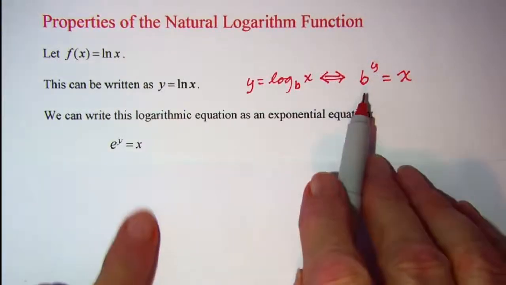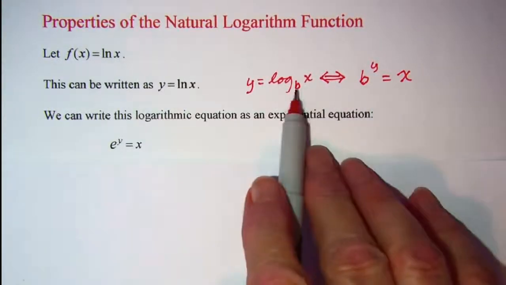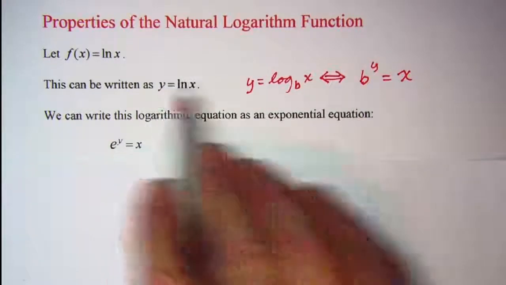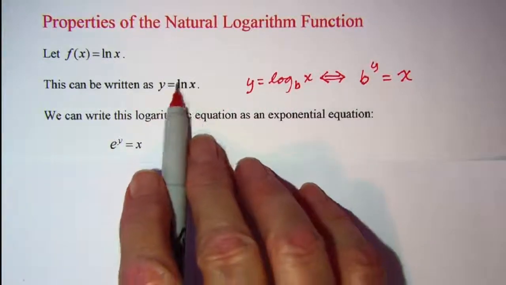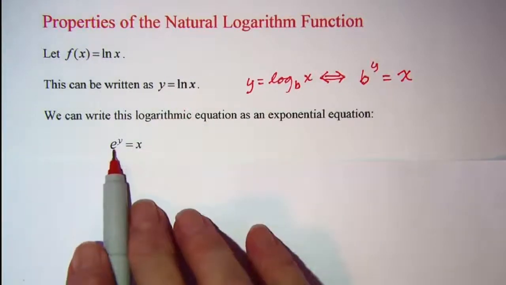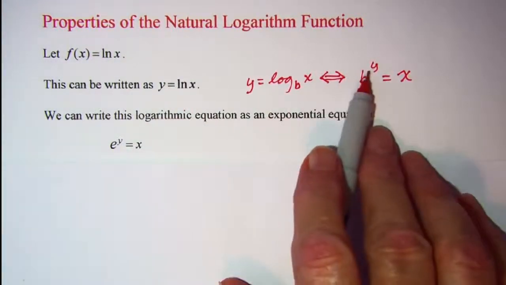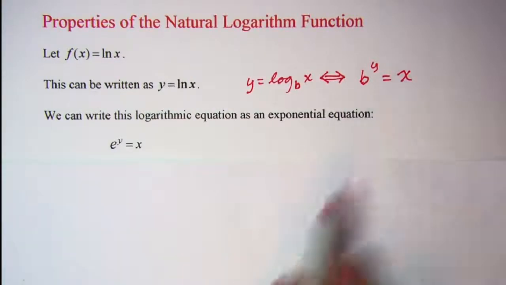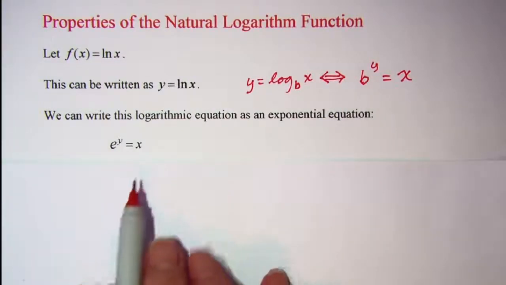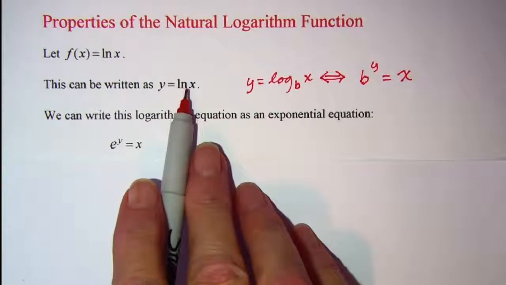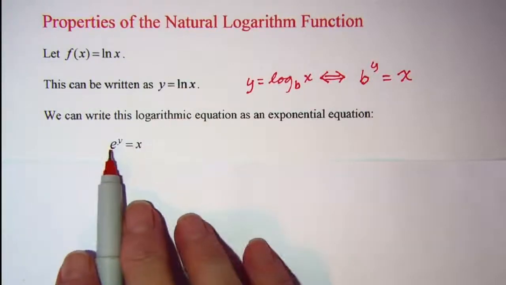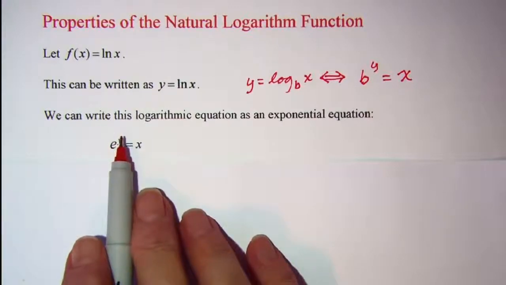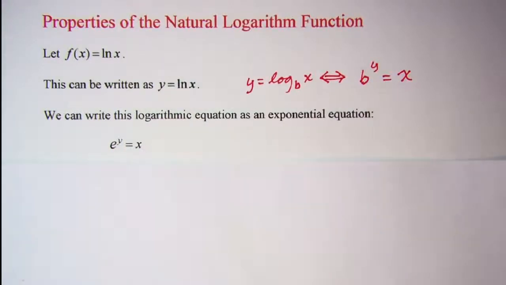So if we use this rule, then my base of my logarithm, since it's a natural logarithm, the base is e, and then raised to the y equals x. So when you're talking about a logarithmic function, that's the same as saying e raised to the y power equals x.